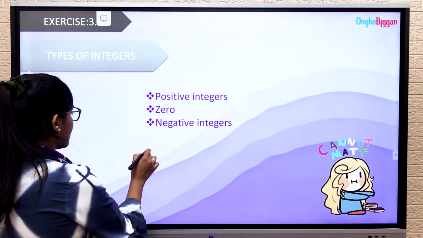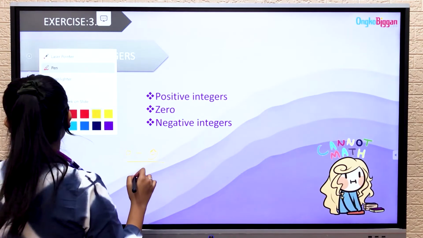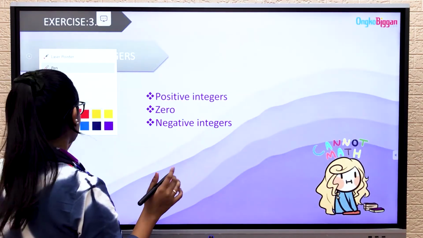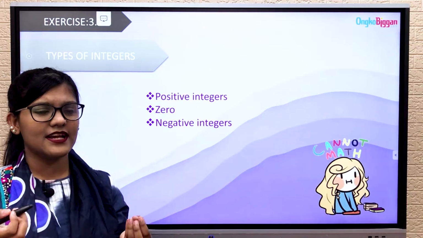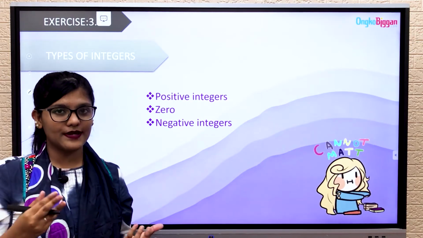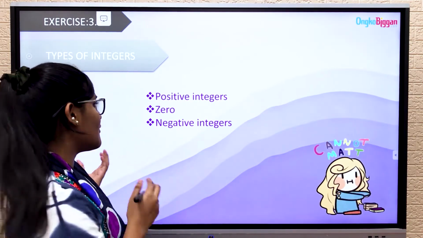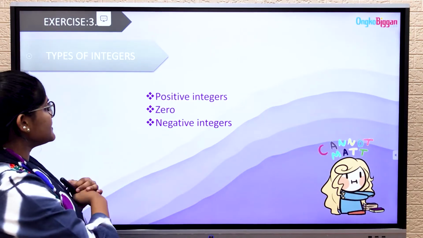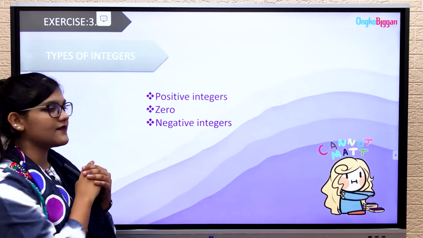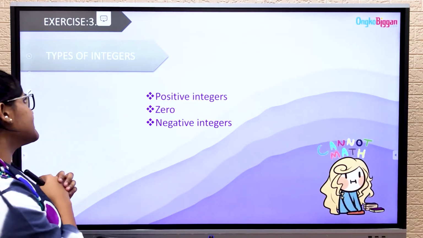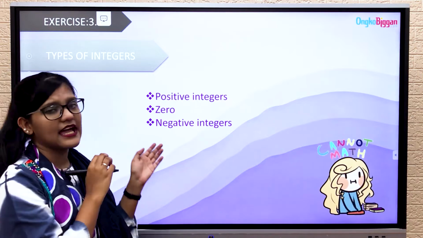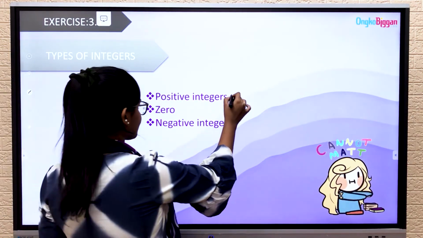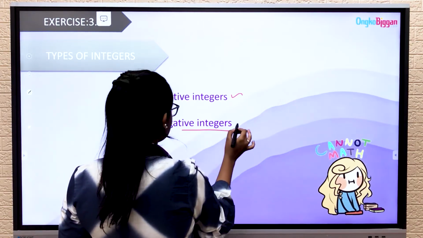That means 0 to 9 are all whole numbers, and the numbers that can be formed like 2 digit, 3 digit, all the whole numbers were studied in that chapter. But here in types of integers we can see 3 types. Basically integers can be classified into 3 types. First one is positive integers, then 0, then negative integers.